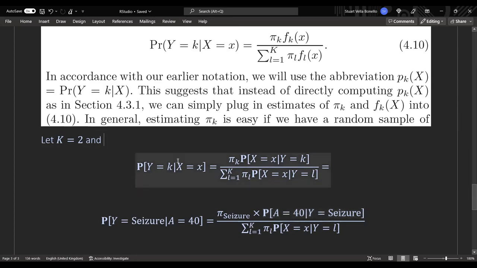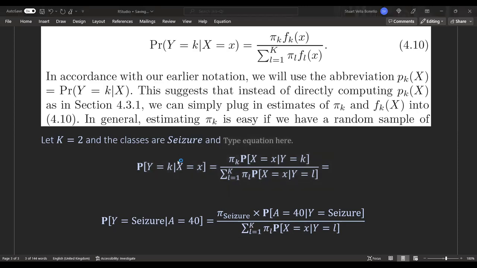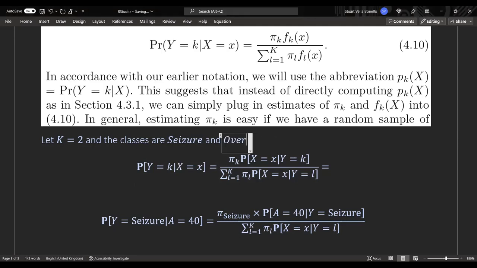Just very quickly, let's say that k equals 1 and the classes are seizure and, whatever, right? What were they in the book? Overdose. I'll just type OD. Drug overdose.